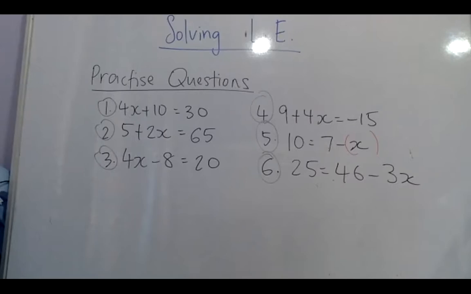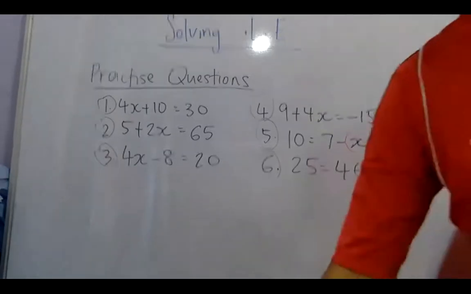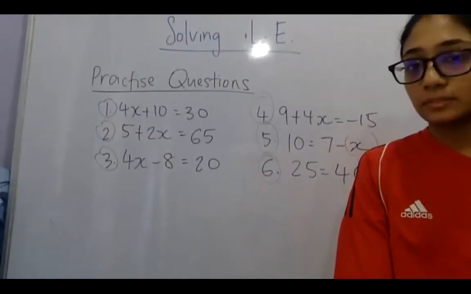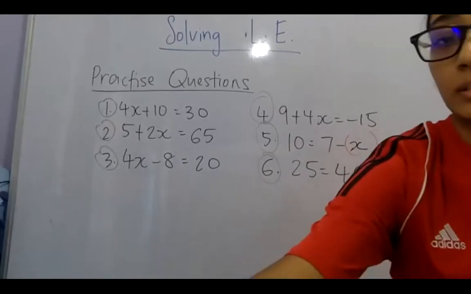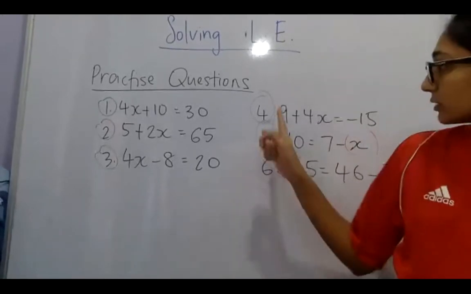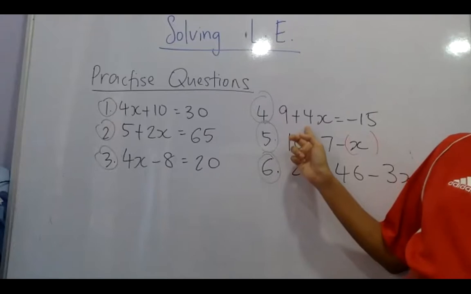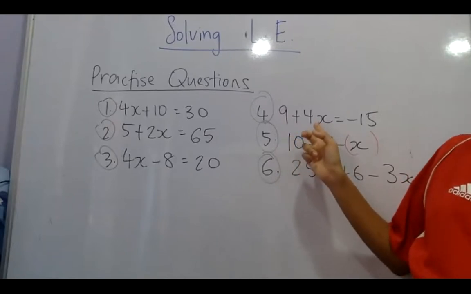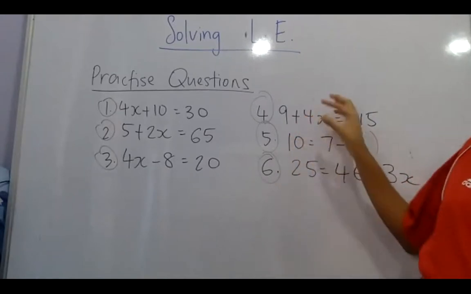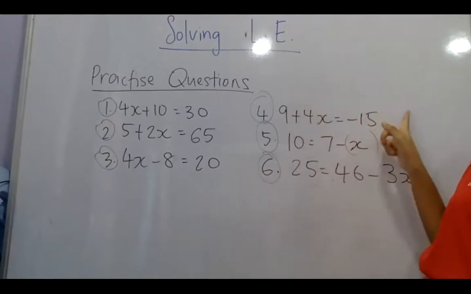Teacher. Yes. I have a question about number 4. Number 4, okay? I'm having trouble about finding 4x. Okay. So, you want to leave the 4x here and shift the number to the side.